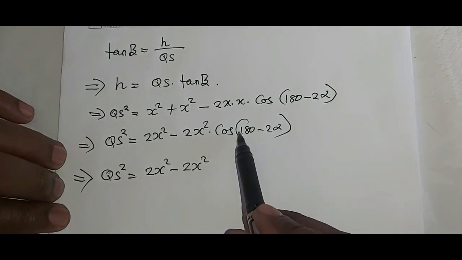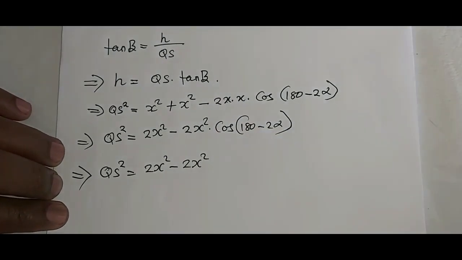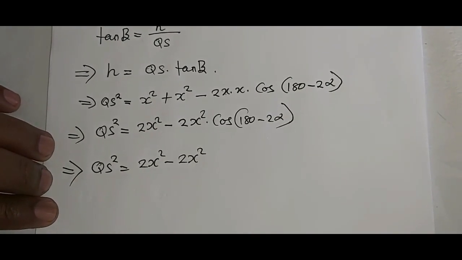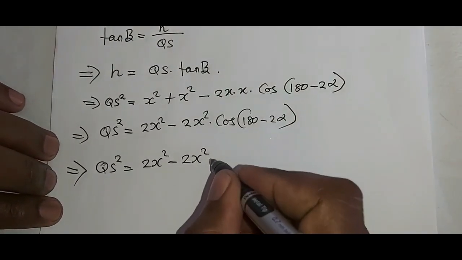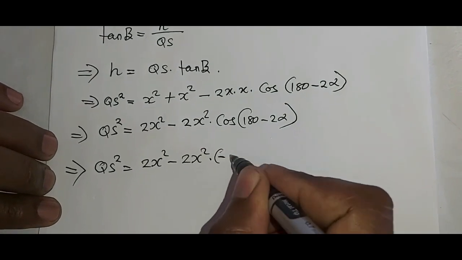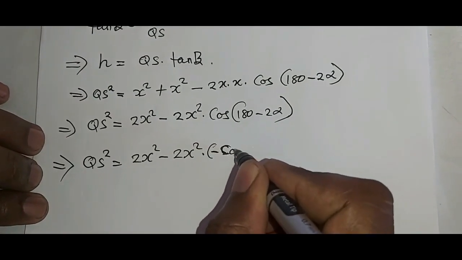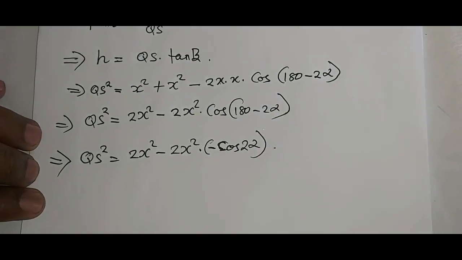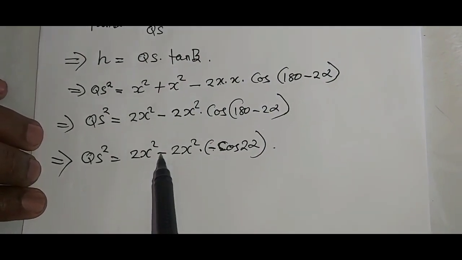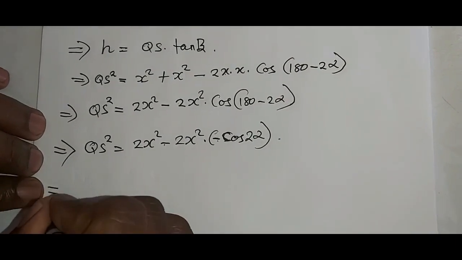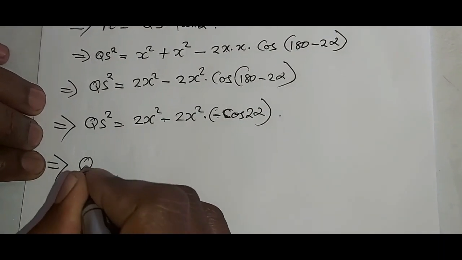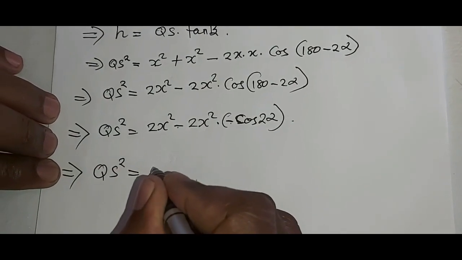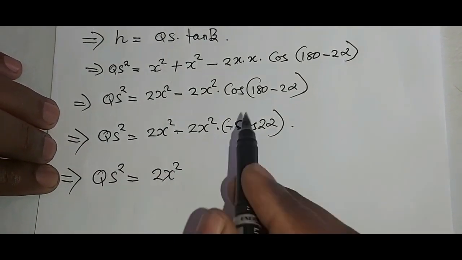If you look at cos of 180 minus 2 alpha, it's in quadrant number 2, and in that quadrant cos is negative. So it will be multiplied by minus cos of 2 alpha. Then multiplying this to this, it becomes positive, which in this case implies that QS squared is equal to 2X squared.